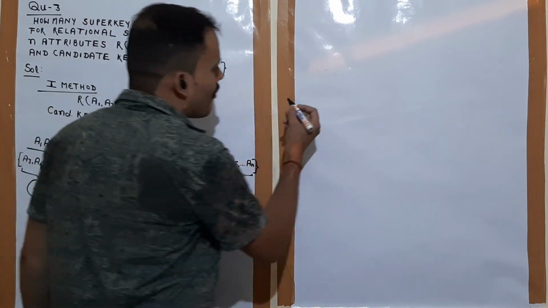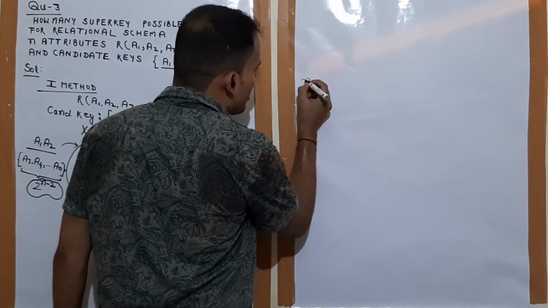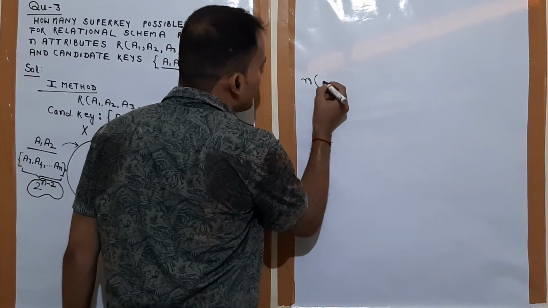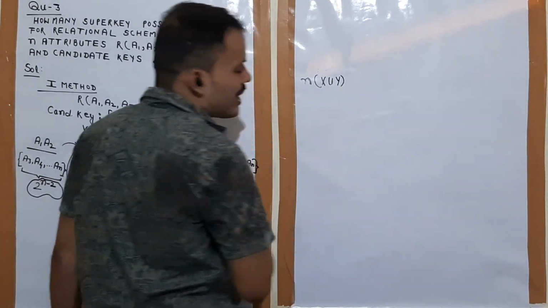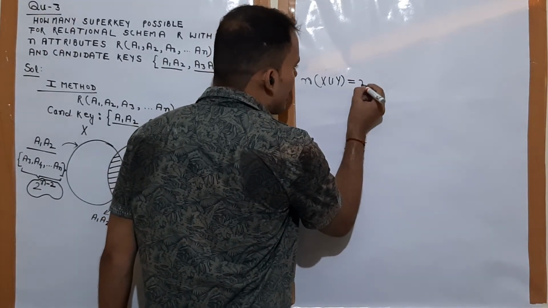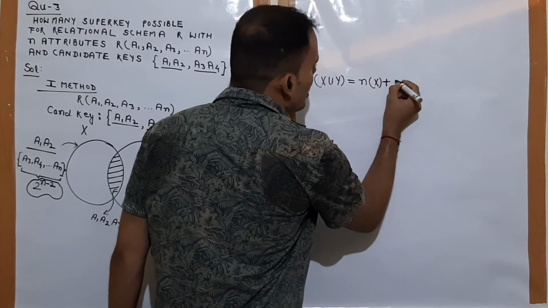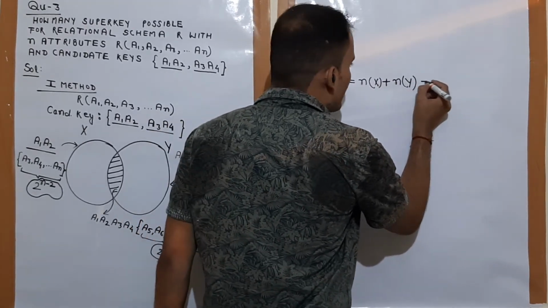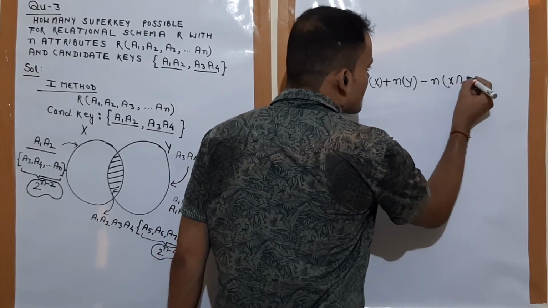See, the number of elements in X union Y is equal to the number of elements in X plus the number of elements in Y minus the number of elements in X intersection Y.